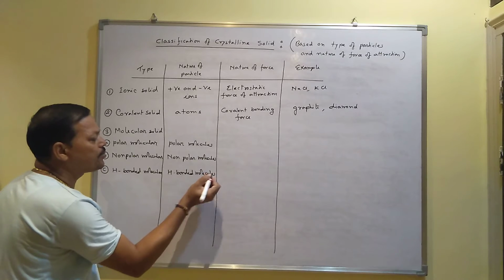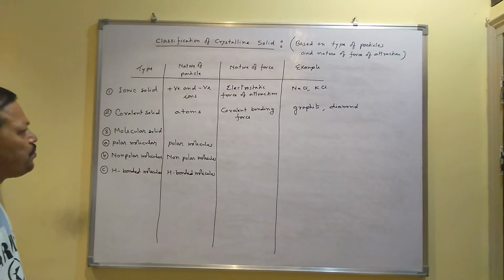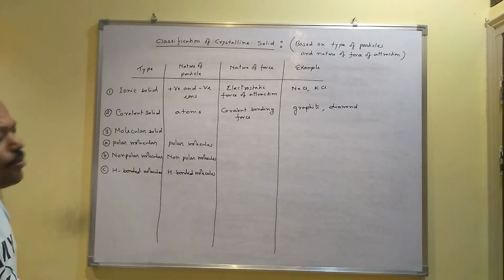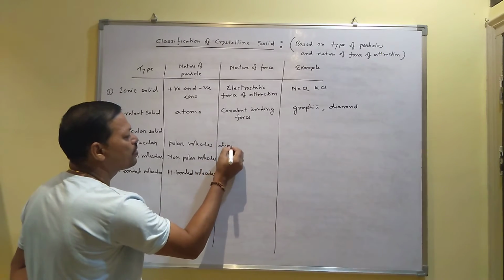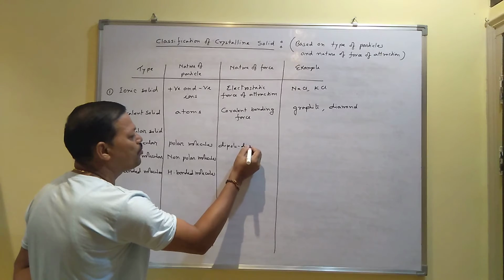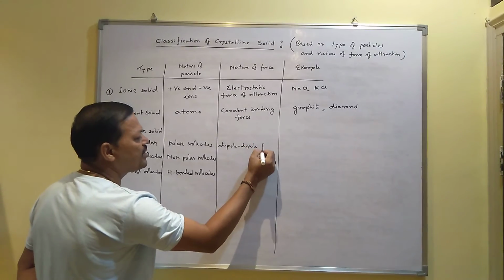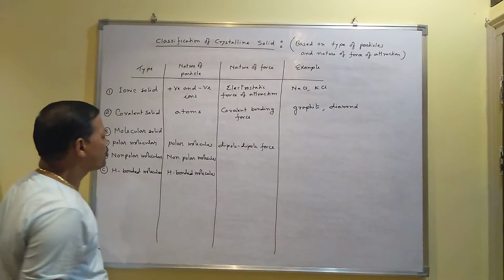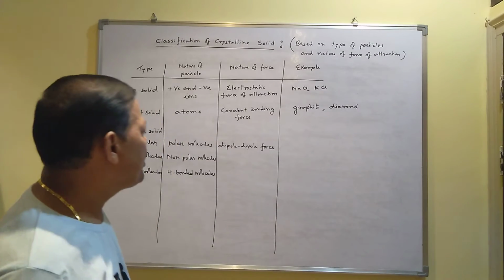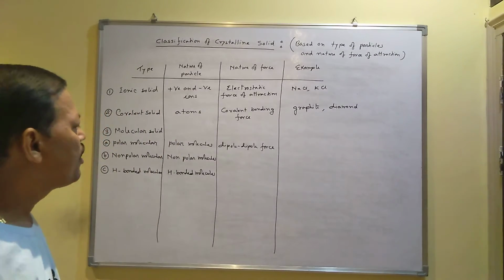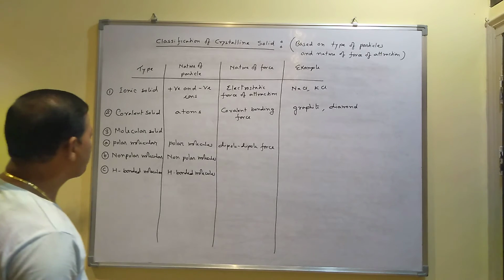So all are molecules, but the nature of molecules is different. And in case of polar molecules, what type of force exists? The force is called dipole force. In class 11 you learned that between polar molecules, the force of attraction is called dipole force. So if your molecular solid is polar molecular solid, then the force of attraction between them is called dipole force.